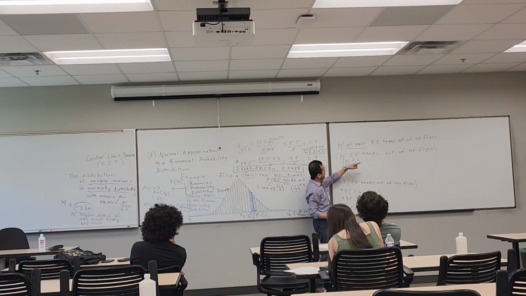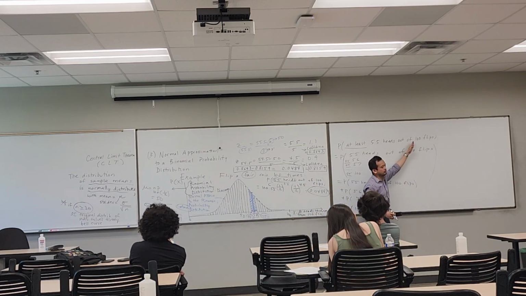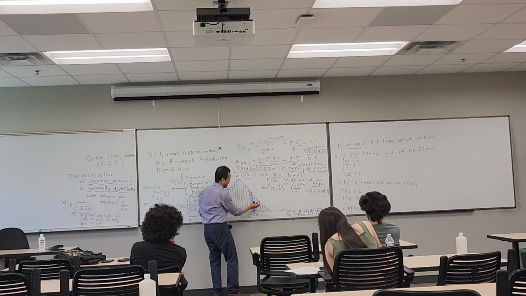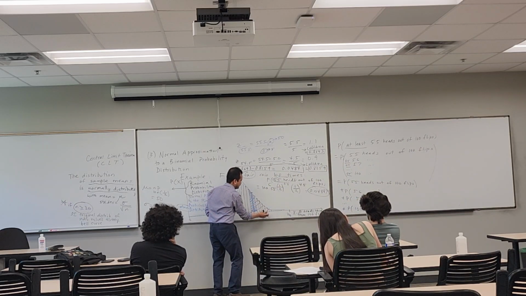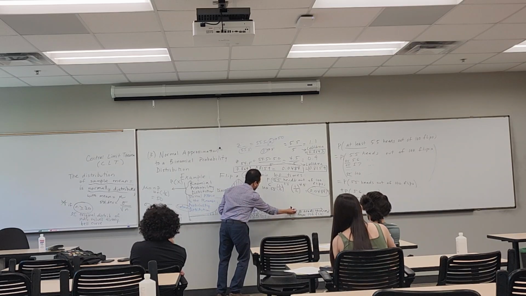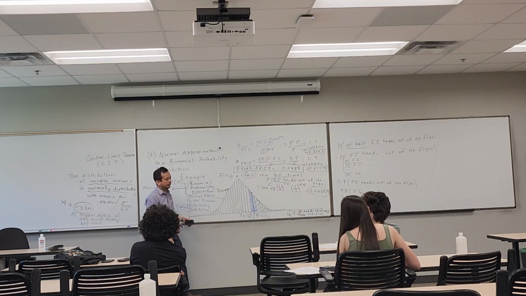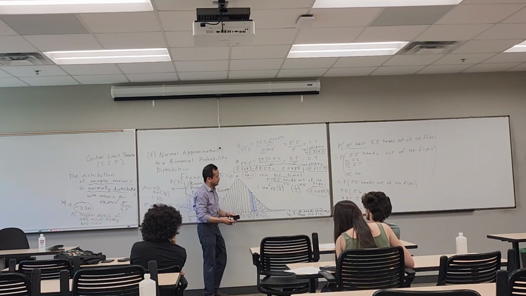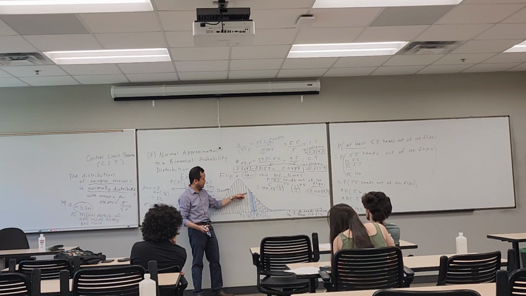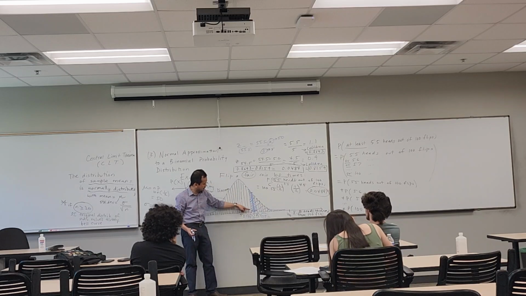Now we want not only 55, but everything more than that as well. So that means we're going to include the area to the right of that as well. This reduces the problem to: now we have this bell curve, what's the area to the right of this region whose edge is 54.5?